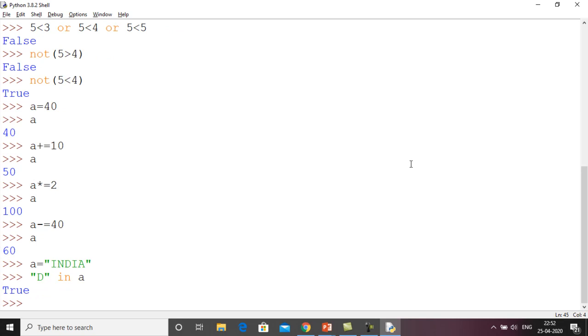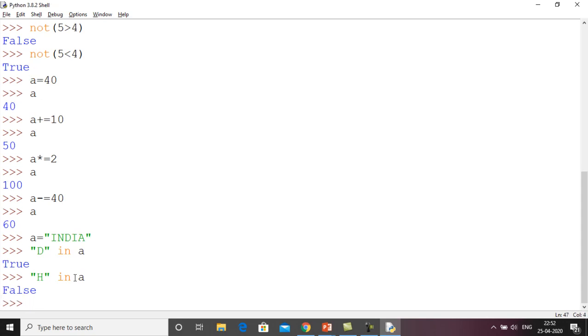I am getting the answer as true. Why true? Because the character D is present in the variable A, in India. And if we write H in A, obviously the H character is not present in A, so we are getting the answer as false.